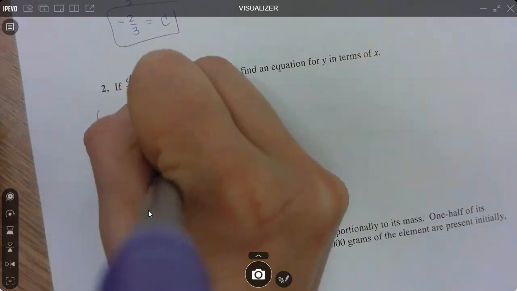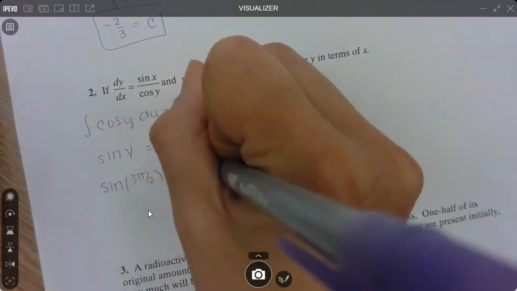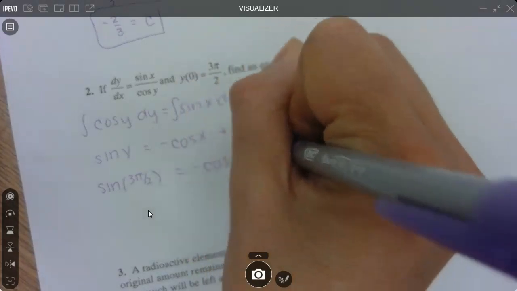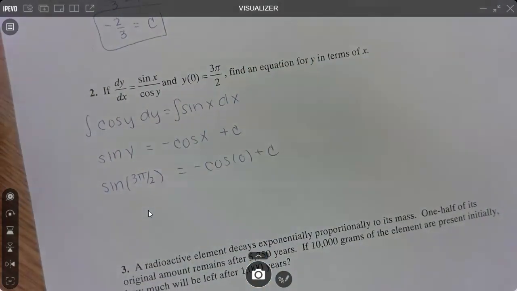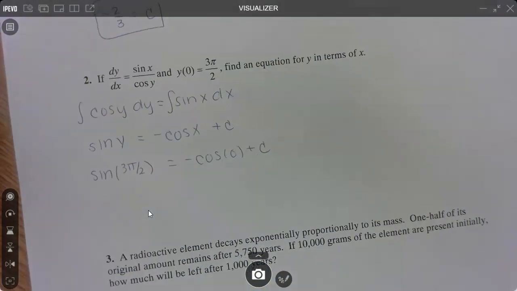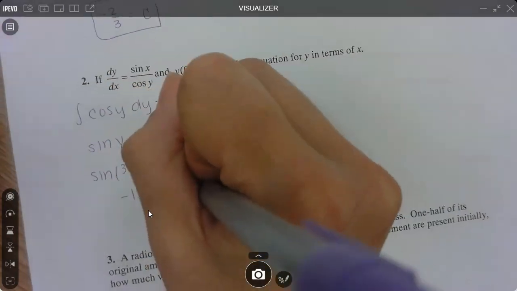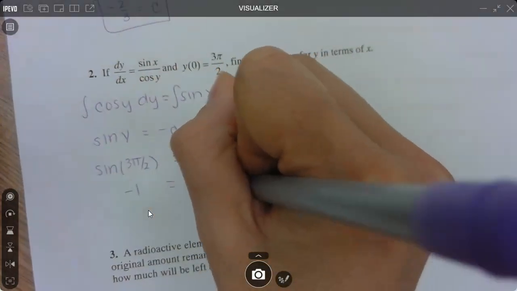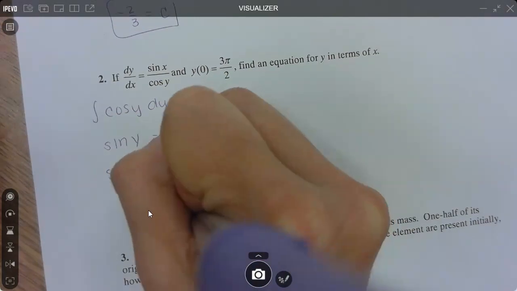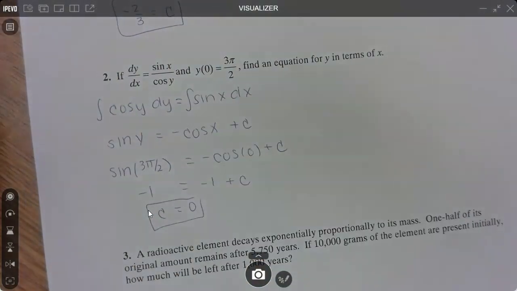I get the sine of 3 pi/2 equals negative cosine of 0 plus c. Cosine of 0 is 1, so you have negative 1. Sine of 3 pi/2 is also negative 1. So c becomes 0.